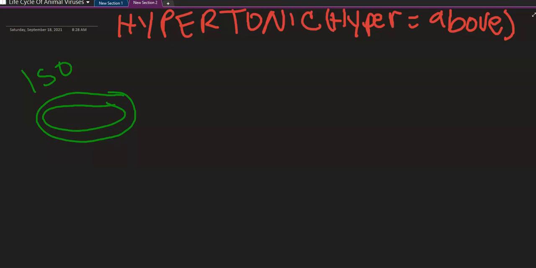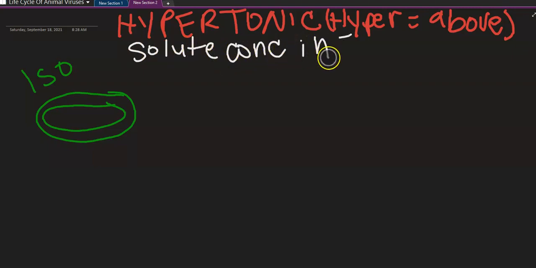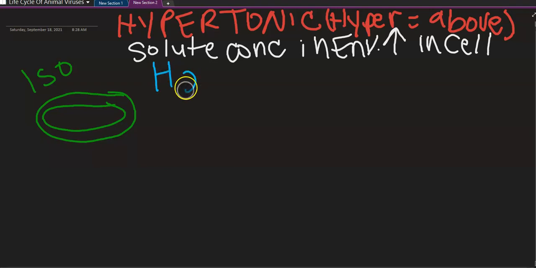Hypertonic, above, means that the solute concentration in the environment is going to be higher than in the cell. And so what does that mean? Water is going to leave the cell.